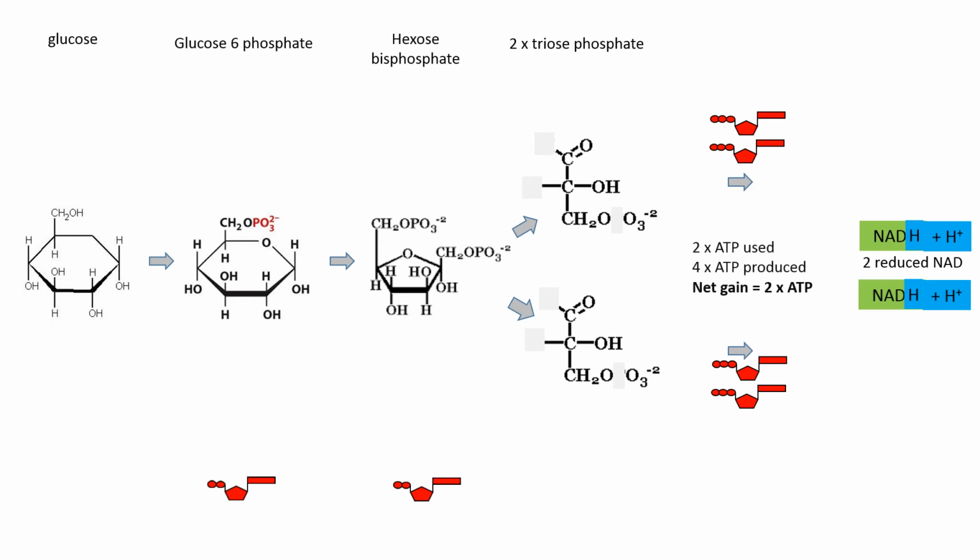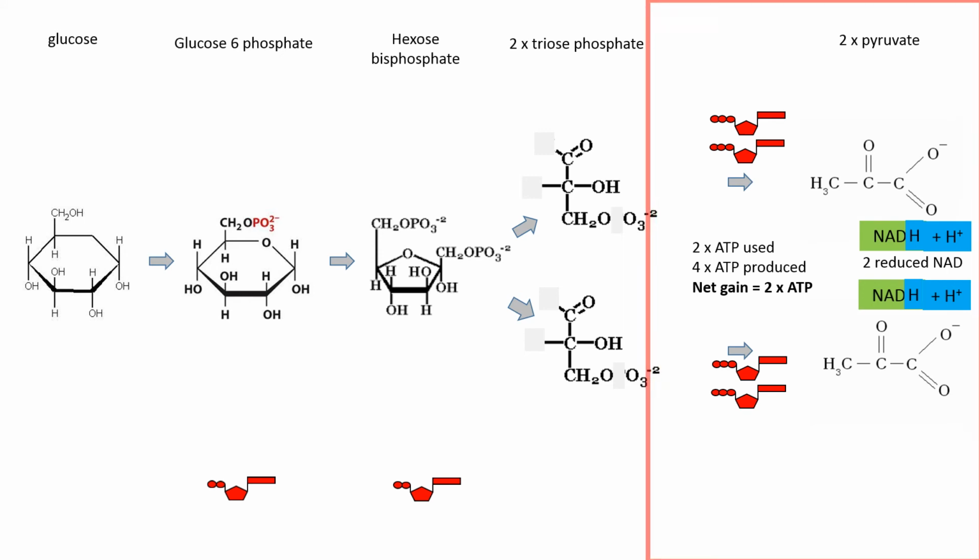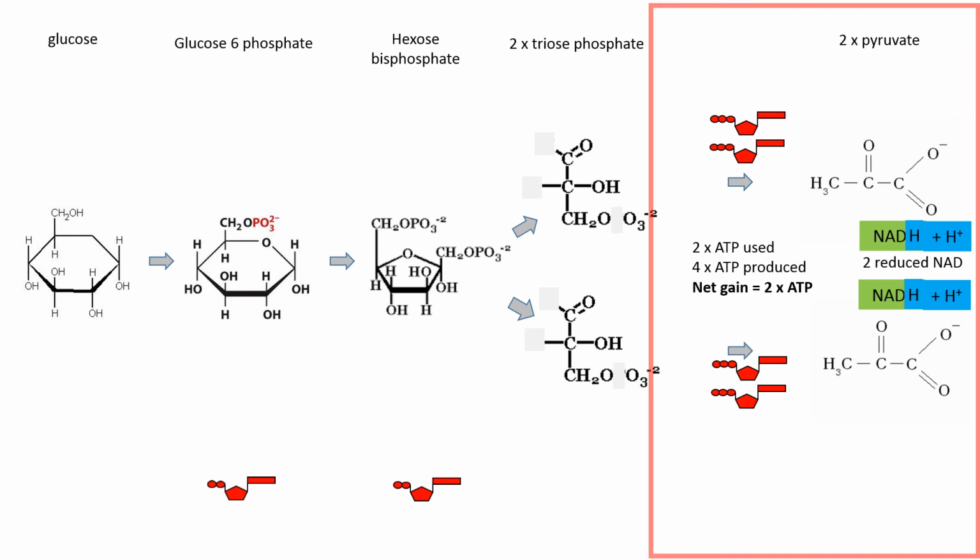We've actually made some ATP. We've transferred some energy from glucose into ATP. So we have dephosphorylated triose phosphates and we have oxidized the triose phosphates. That leaves us 2 molecules now of pyruvate. That's glycolysis. That's the products of glycolysis.